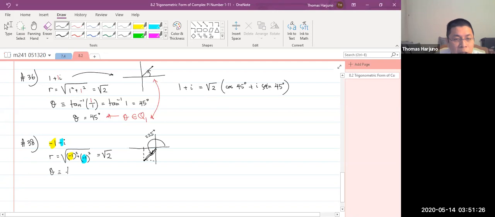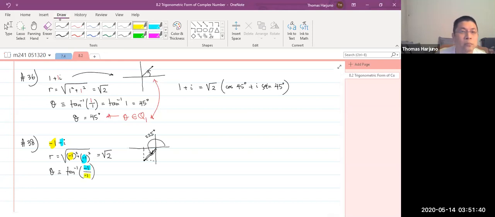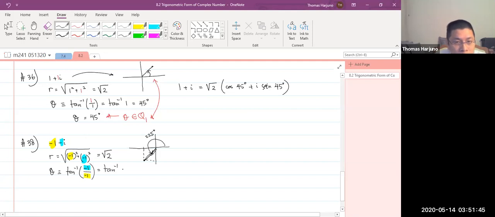We say theta is equivalent to tangent inverse of the y over the x, which is tangent inverse of 1, which is 45 degrees. But we know our theta should be in quadrant 3, not in quadrant 1.